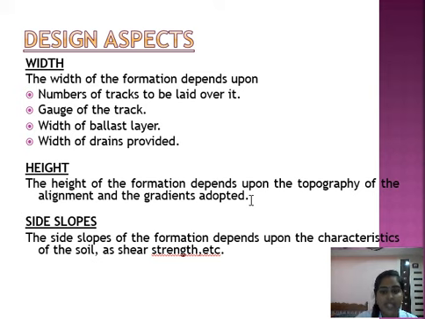Then the width of the drains. Based on this only, the width of the formation will be constructed. Then what about height? The height of the formation depends upon the topography of the alignment and the gradients. Gradients means slope and topography means nature of the ground. The side slopes of the formation depend upon the characteristics of the soil as well as the shear strength of the soil.